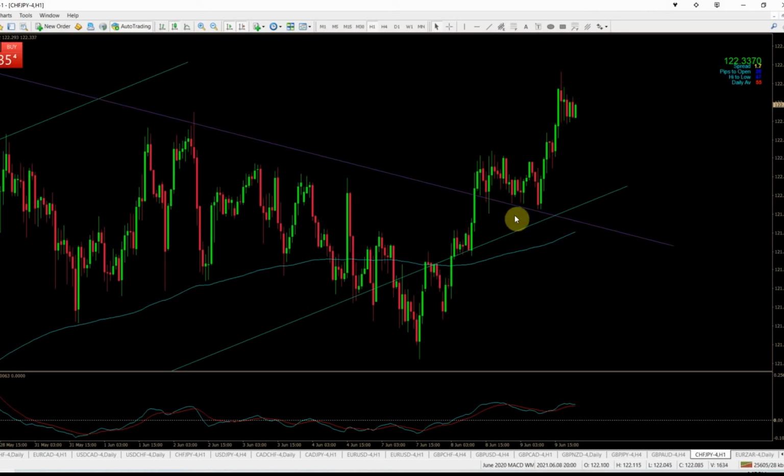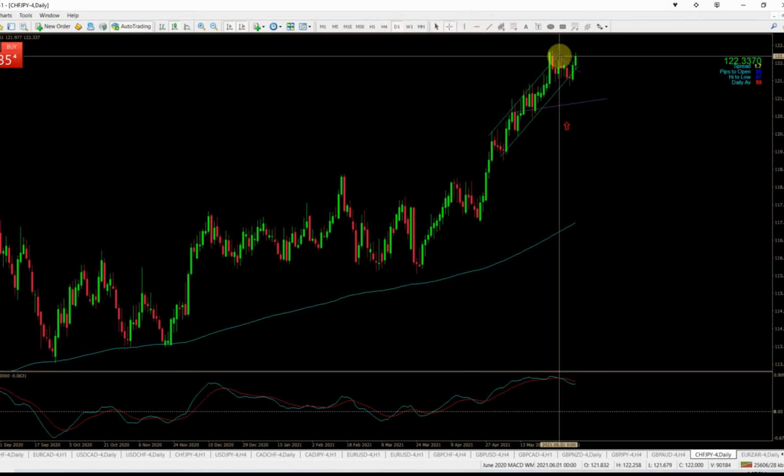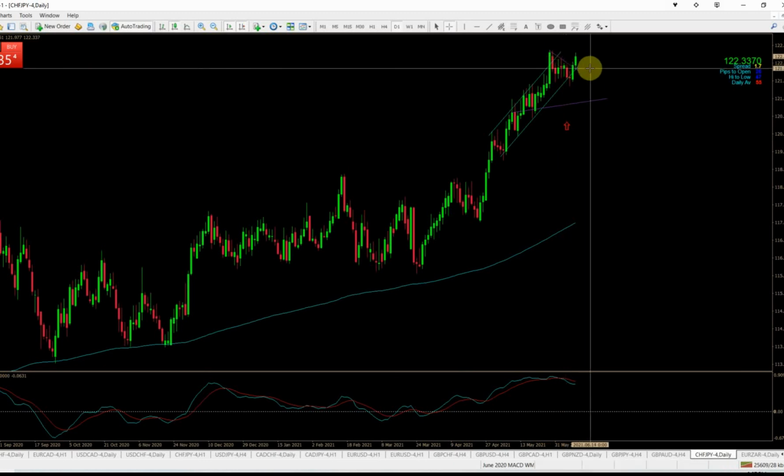And we can see price did finally break back up, and is probably going to go up. Now it's retesting this high again, so I'm not sure how much more it has to go, but I'll keep an eye on it. It could be opportunities if we retest the trend line again.